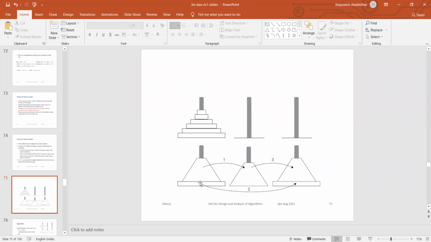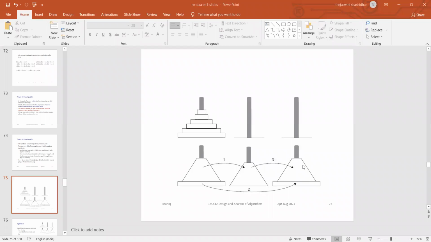Then move the last disk from peg 1 to peg 3, and then move all the remaining disks from peg 2 to peg 3. This is the diagrammatic representation we have taken. I will tell you again. First you move all the disks from peg 1 to peg 2, move the largest disk, the remaining disk, from peg 1 to peg 3, and move all the disks from peg 2 to peg 3. So this is the representation we have taken.